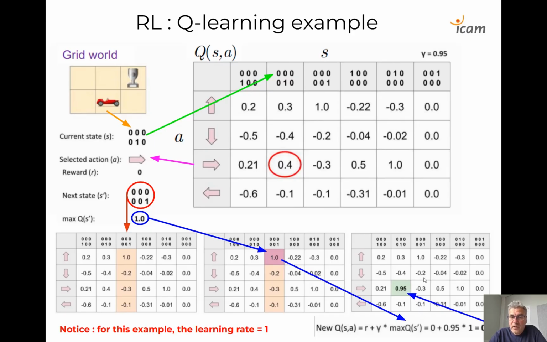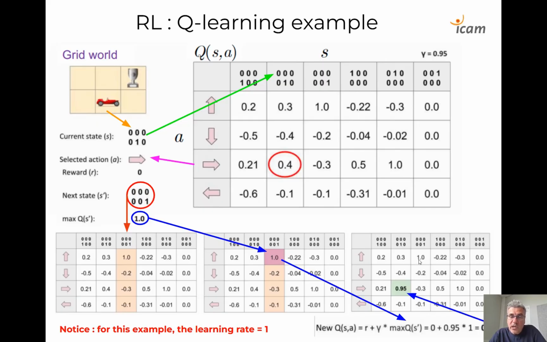And now, because the car is here, we will choose which action is the best one. Excuse me, the new state is this one, and here we will choose which action is the best one.